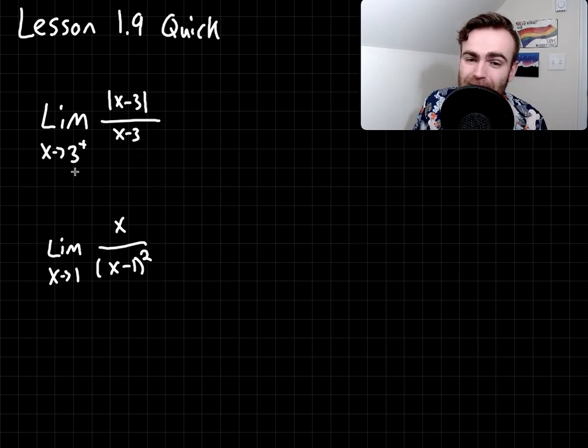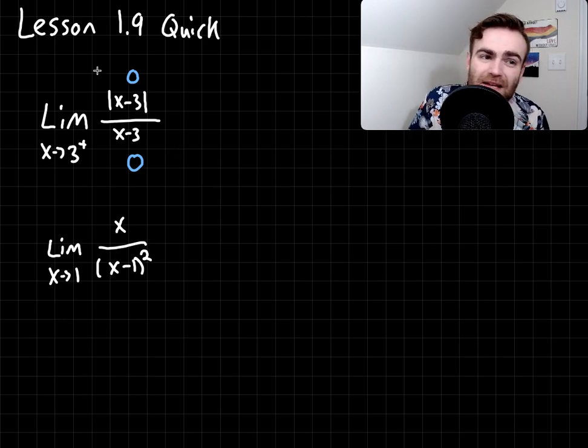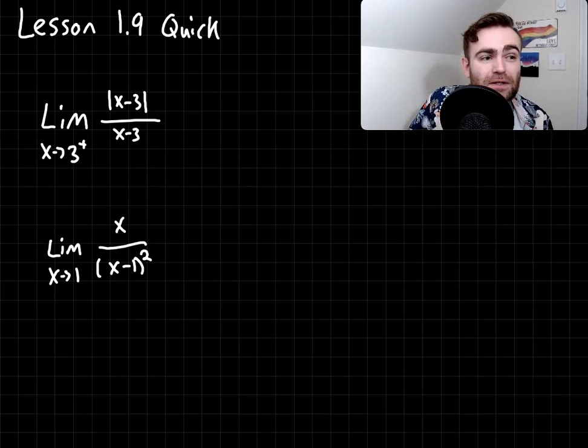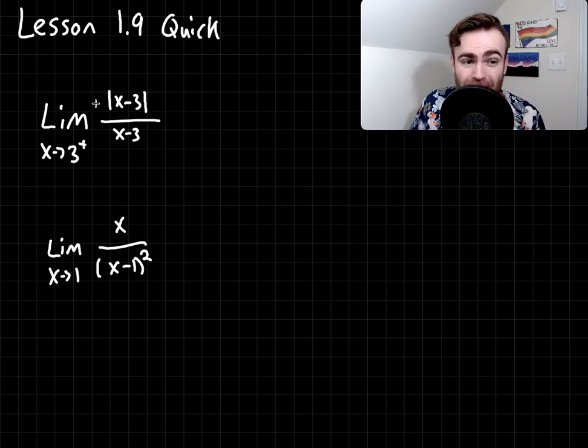If I directly substitute 3, I get 0 over 0, indeterminate. So that gives me the feeling that something could have been done. We could do some sort of simplification, but for our intents and purposes, we really don't need to because we're doing a one-sided limit. So this is done to estimate what's going on here.